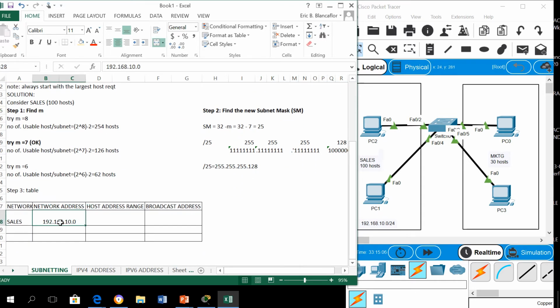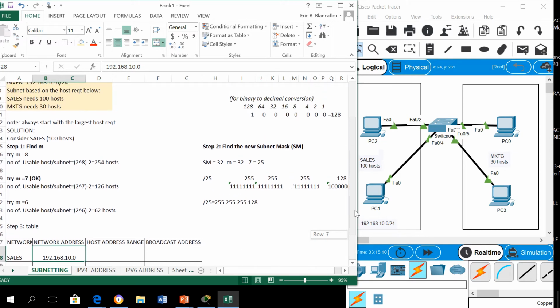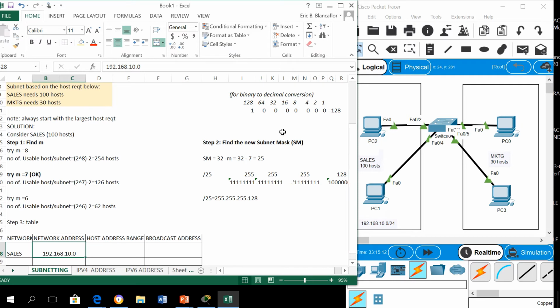How do we fill this up? By the book, you need to find the rightmost network bit. We obtained the subnet mask, and the rightmost network bit is this one, and based on the conversion, it falls on the 128. This is very important. That 128 represents the interval from one network to the next network.